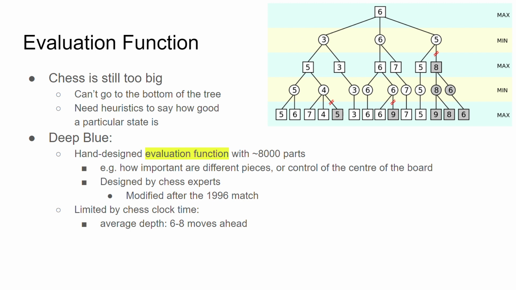So what Deep Blue has in it is a whole bunch of hand-designed evaluation functions with 8,000 different things that it's looking for. So stuff like, do I still have my queen? How important are these different pieces? Some sort of score for how many rooks I have, how many bishops I have, scaled by different numbers. Do I have control of the center of the board?